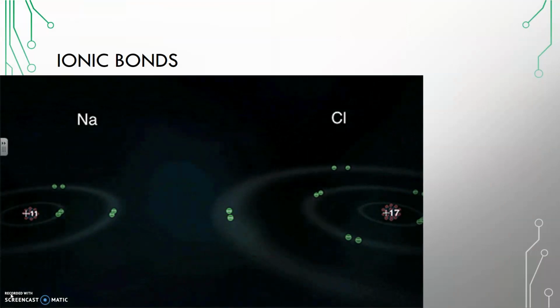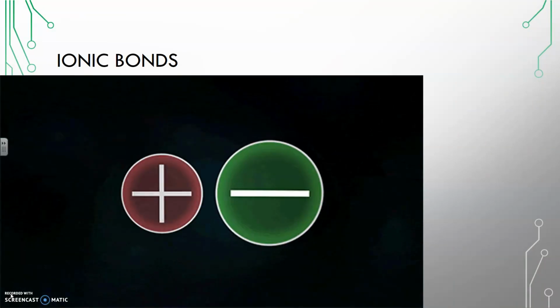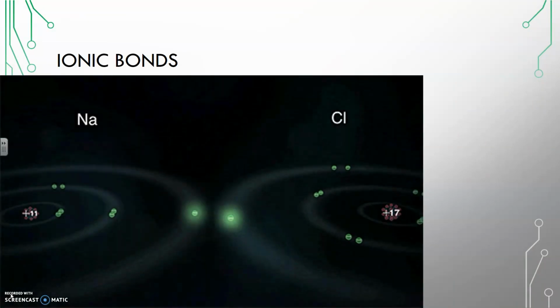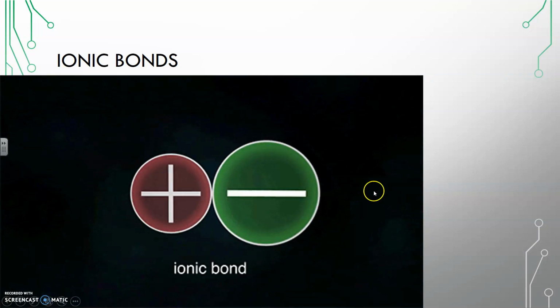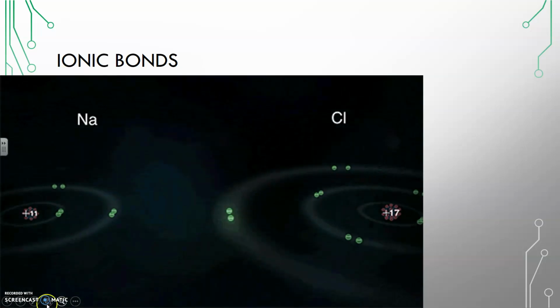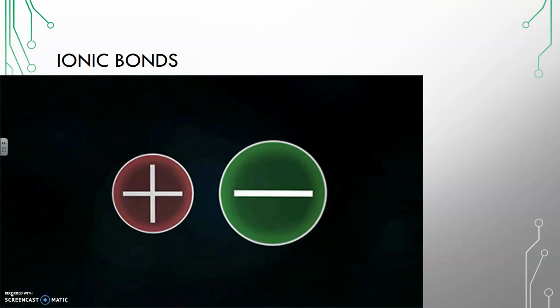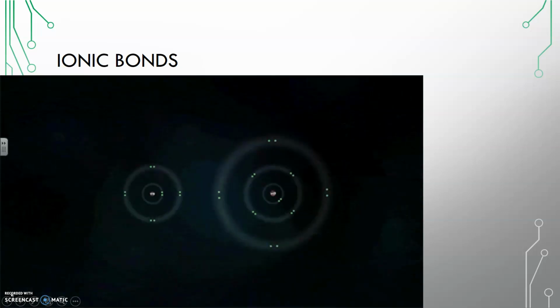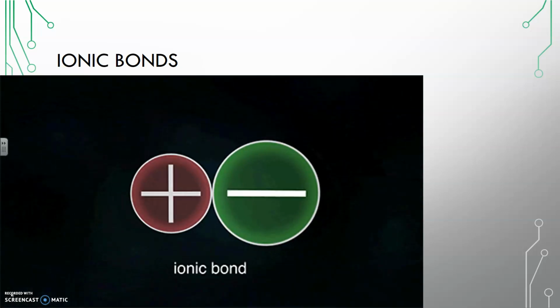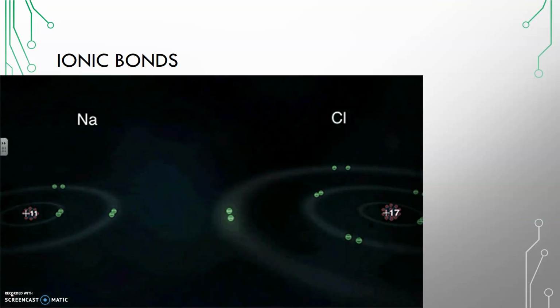This is showing how an ionic bond works. Here we have the sodium atom and a chlorine atom over here on the right. You'll see that one of the electrons is taken from the sodium and put on the chlorine, which means that the chlorine has an extra negative charge.